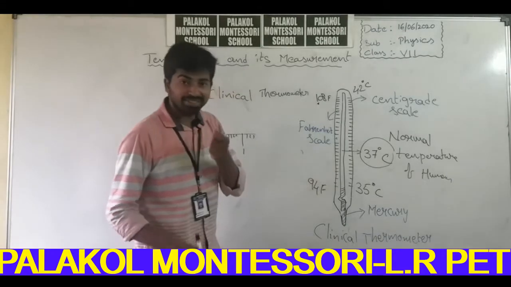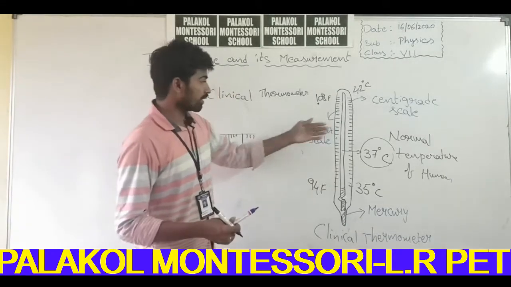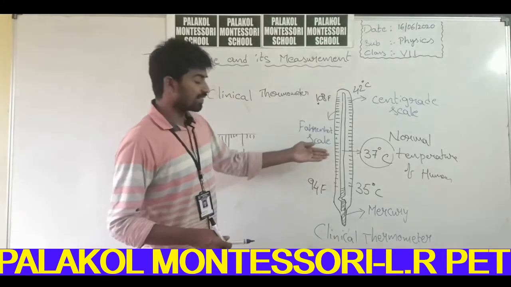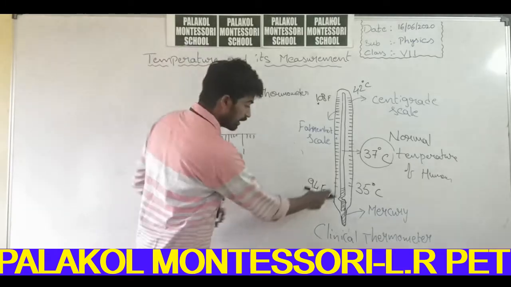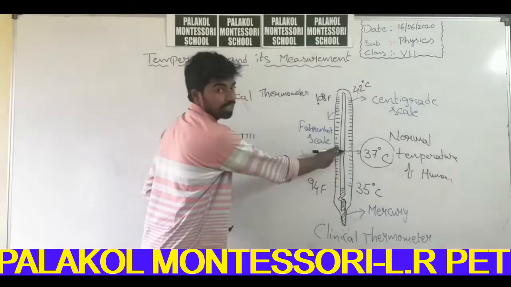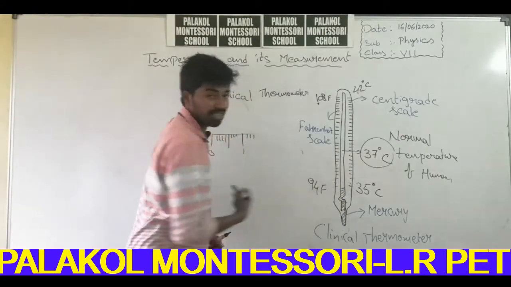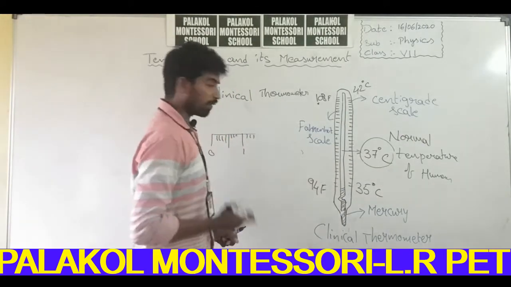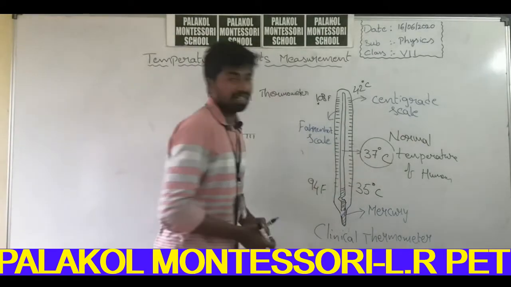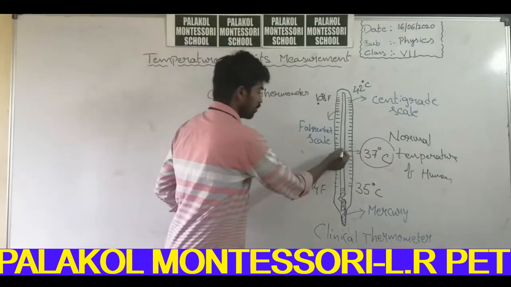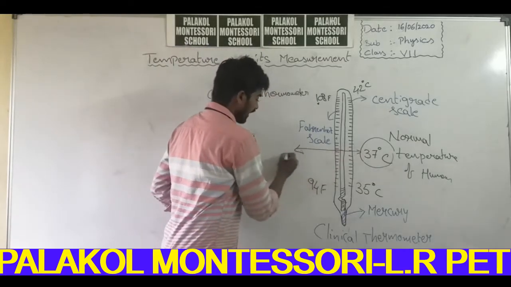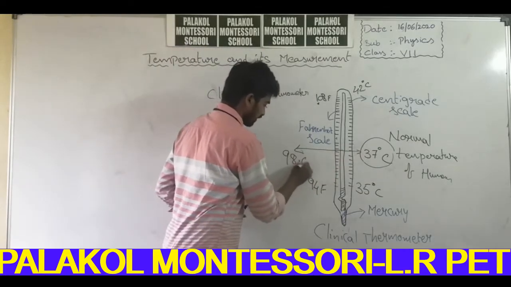If you measure the temperature of the human body with this clinical thermometer, the mercury level will rise up to here. Why? Because our healthy human body temperature is 37 degrees centigrade, which is equal to 98.6 Fahrenheit.